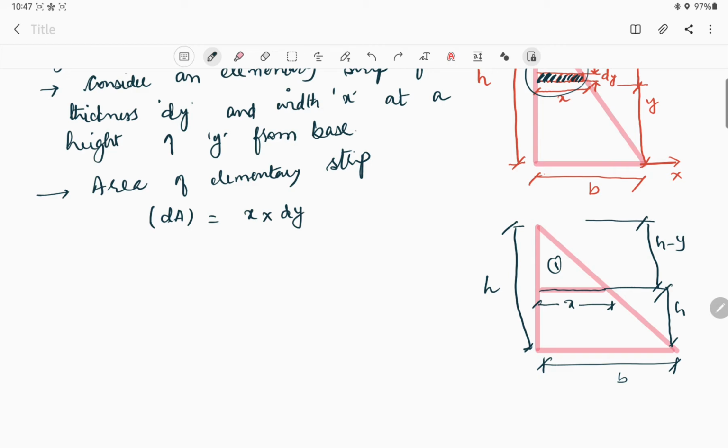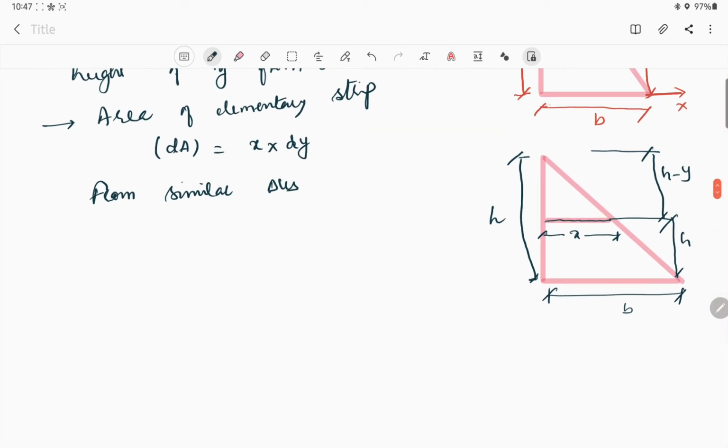So what we will be doing here is we'll take down from similar triangles. First I'll take the big triangle, that is height by base is equal to, what is the height of this triangle now?